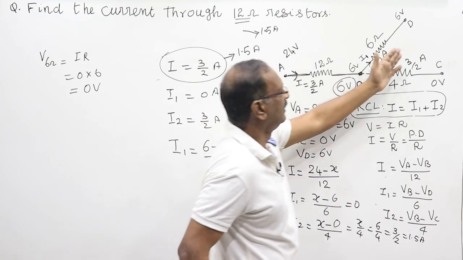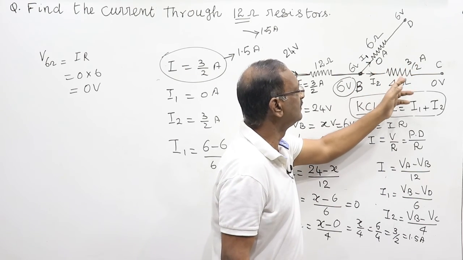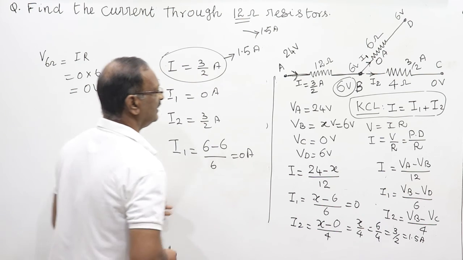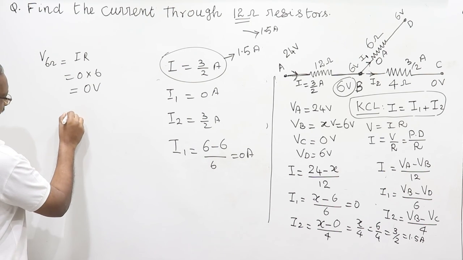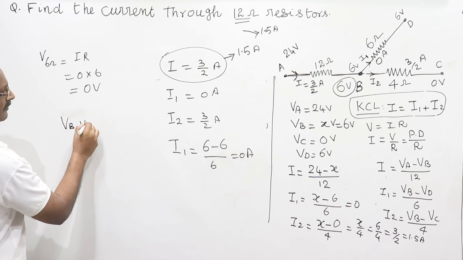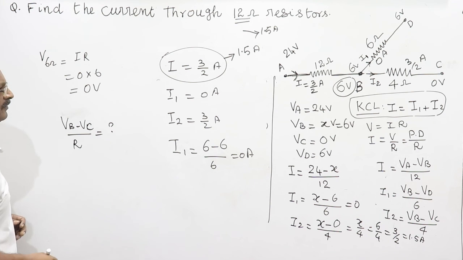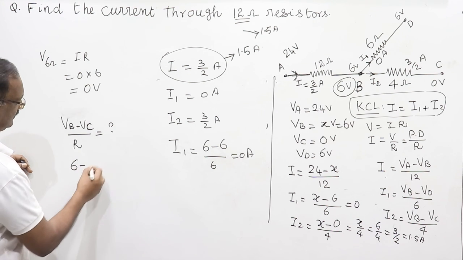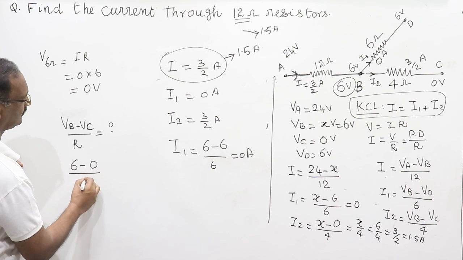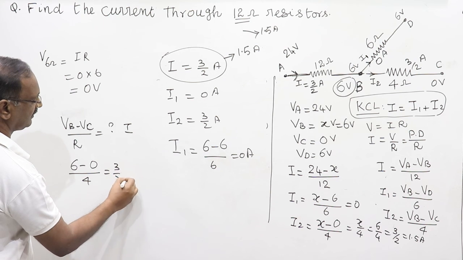What is the current flowing through this one? The current flowing is 3 by 2 ampere. What is the voltage drop? Here 6 volt is available, and 0 volt is available. Let us find out the voltage across it: VB minus VC by R. VB is equal to 6 volt and VC is equal to 0 volt, and the resistor is 4, so the current is 3 by 2 ampere.